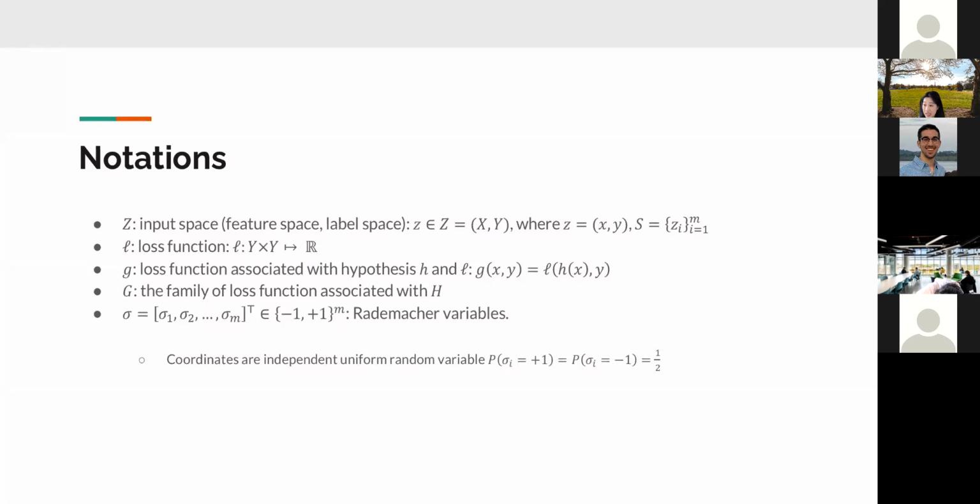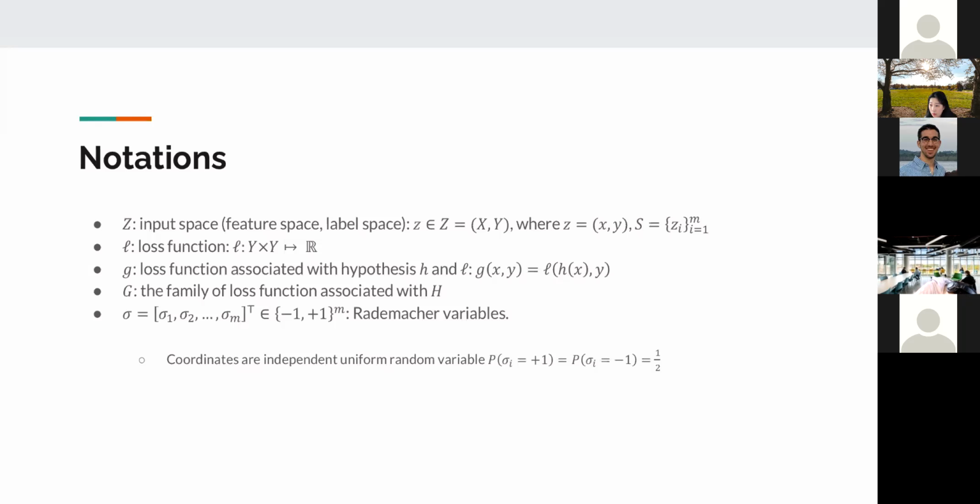So it's going to be Z. Z includes both X and Y. This is your input space, and it includes both the feature space and the label space, or so-called the output space, okay? So you have the small z, which is one input example. Right, so of course, the sample S is again m such input examples, z1 to zm, okay?